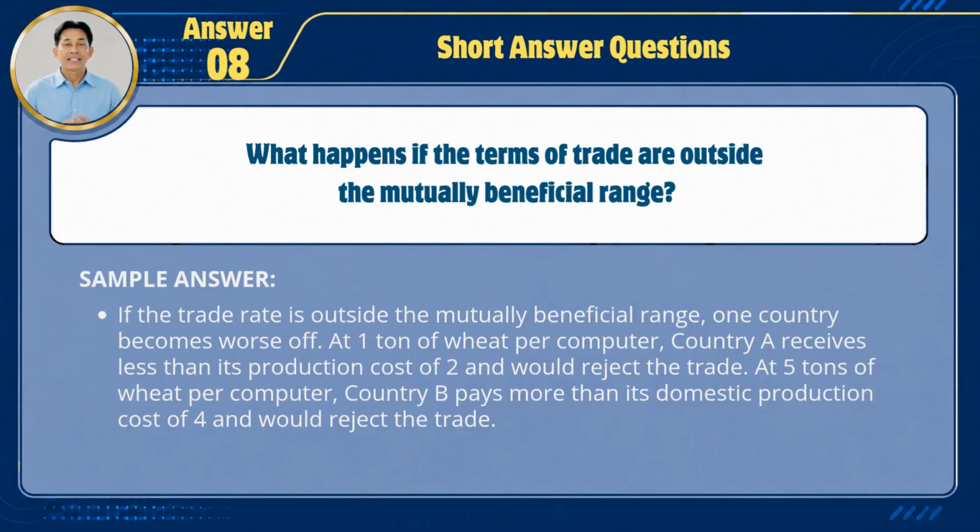If the trade rate is outside the mutually beneficial range, one country becomes worse off. At 1 ton of wheat per computer, Country A receives less than its production cost of 2 and would reject the trade. At 5 tons of wheat per computer, Country B pays more than its domestic production cost of 4 and would reject the trade.